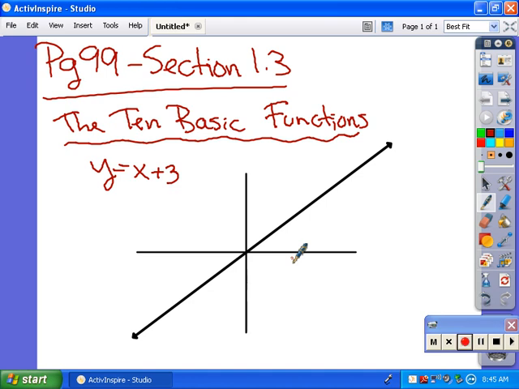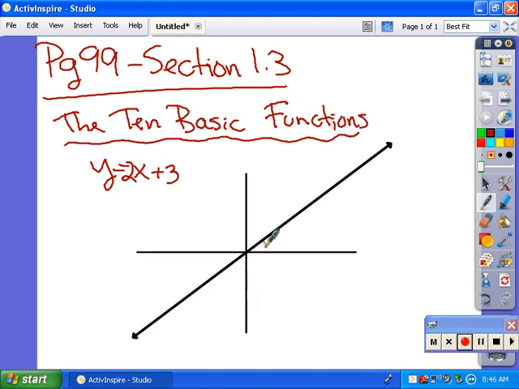It changes the slope. When we talked about transformations, what did putting a number in front of the variable do? Right, vertical stretches. So that would stretch it by a factor of 2.